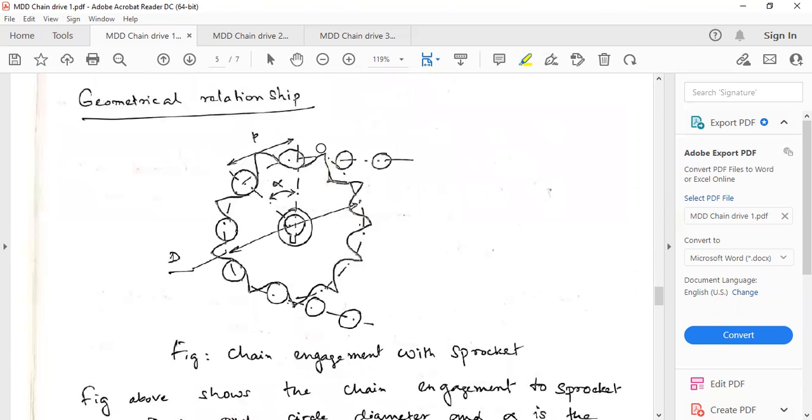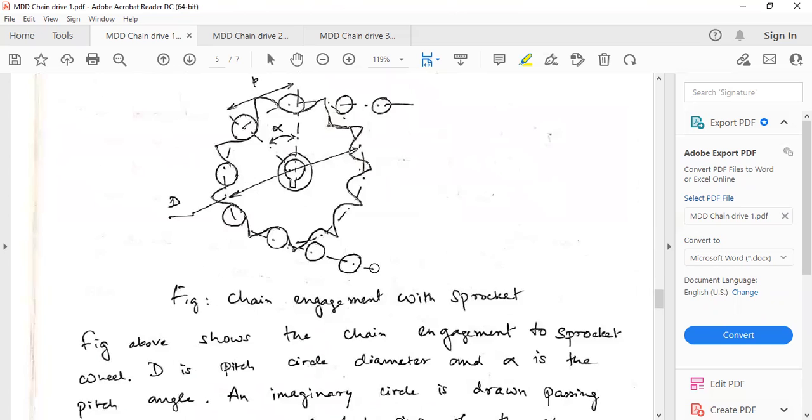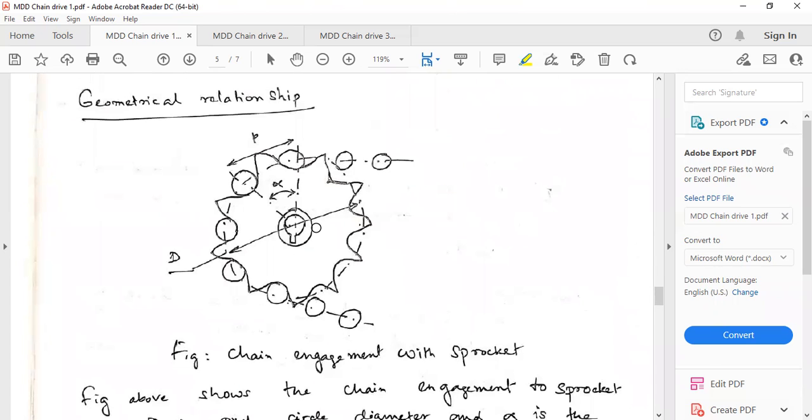Now geometrical relationships in a chain. What we need here, first of all, is to understand the pitch of a chain. This is a very simple thing. See, these are rollers of the chain. One more roller, next more rollers. All the rollers are connected by links, links like this.